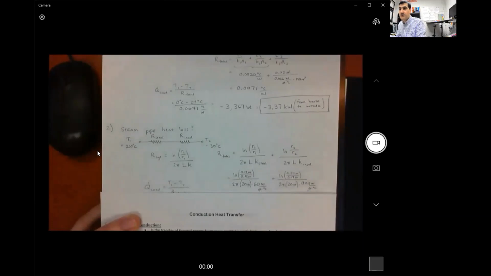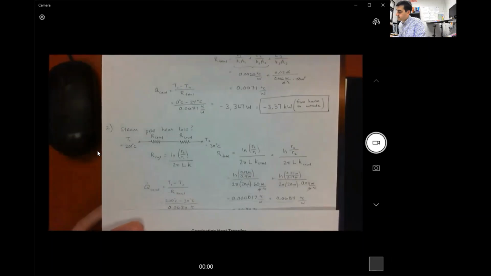So once again, our units are going to end up being degrees Celsius per watt because we have degrees Celsius in the denominator of the denominator. All right, so you plug these into your calculator and you get this value, a very, very small value, for the thermal resistance of the steel pipe. And you get this value, 0.0684, for the thermal resistance through the insulation layer on the outside of the pipe.